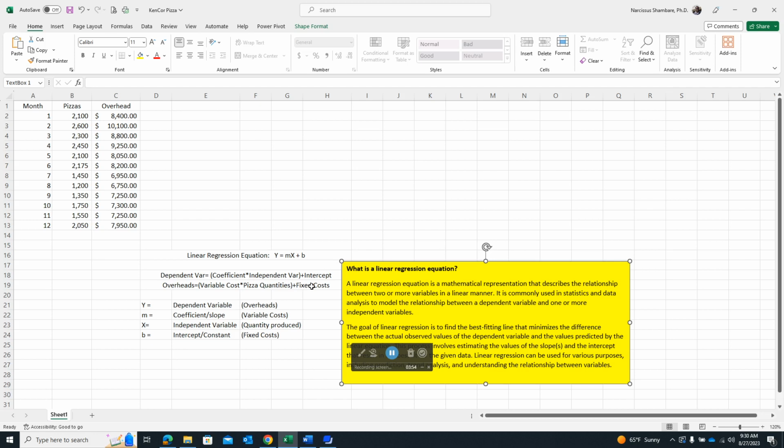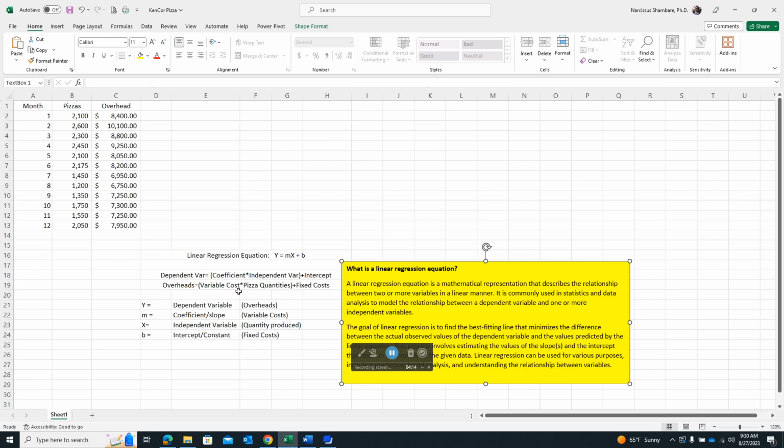But now to bring it further down to earth, for lack of a better term, let's rewrite this particular equation using the problem we actually have here, right? Okay, so the y is actually our overhead, right?